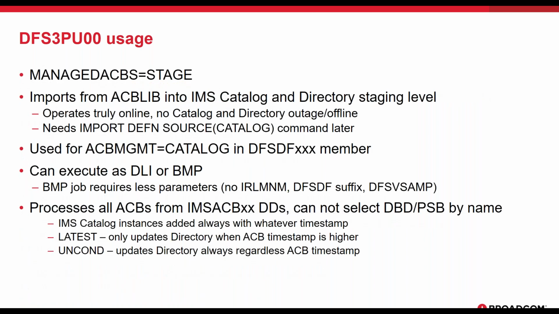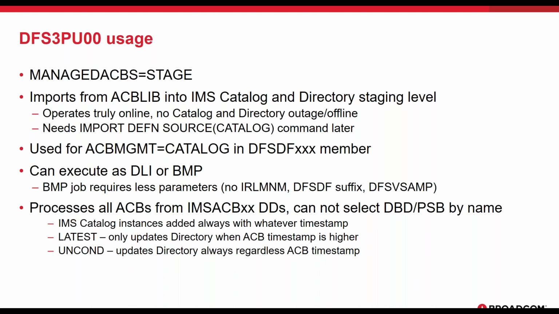The last, third option for this population utility is MANAGEDACBS=STAGE. This allows you to update your resources, and they are stored in the catalog and especially in the directory at a staging level. So the active directory is untouched. This is meant for a truly online operation.